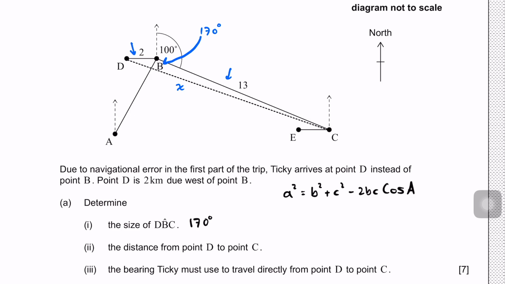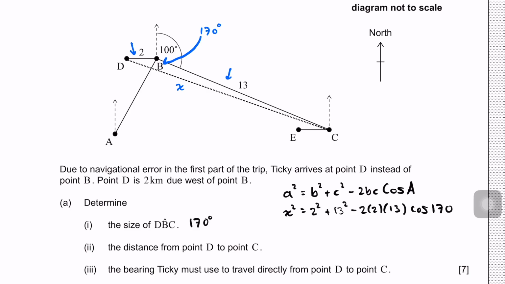So everything seems to be set up. Let's substitute our values. A squared in this case is x squared. B squared is 2 squared, C squared is 13 squared. Doesn't matter the order. And we have 2 times 2 times 13, and then cos 170. There we go.